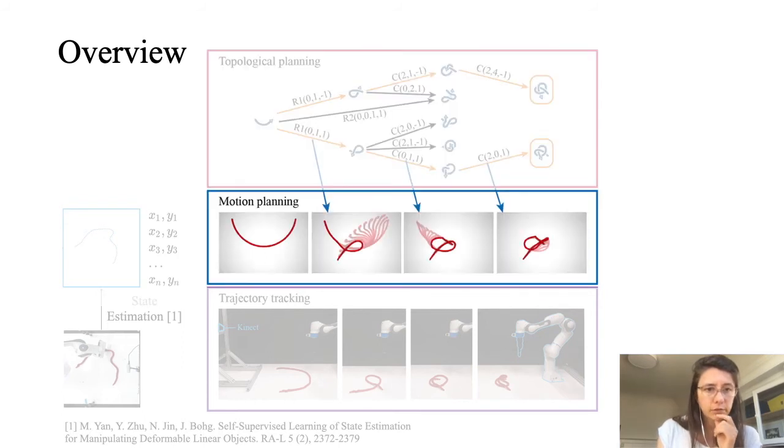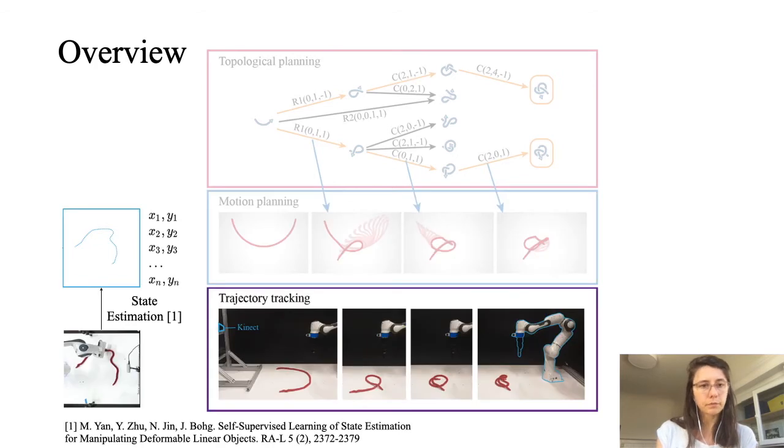On the second level, we use learned motion primitives for each of the steps, and the motion primitives take the geometric configuration of the rope as input and predict distributions of robot motion trajectories that accomplish the required topological change. During planning, we validate the success of the predicted robot motions in simulation and record the motion of the rope. On the bottom level, we try to reproduce the same rope motion on the real robot.